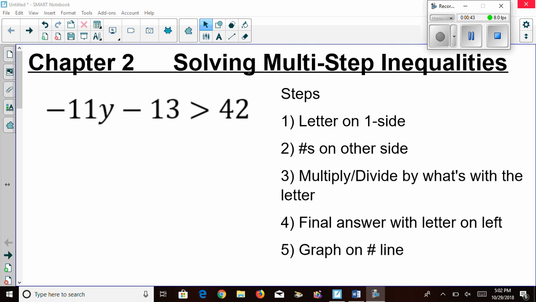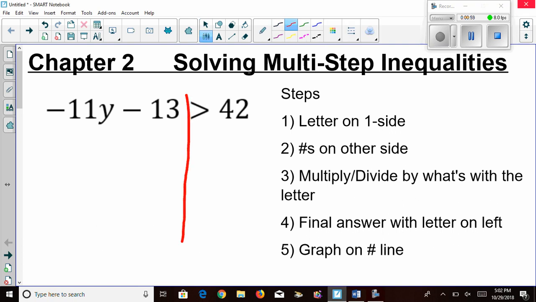Let's start by jumping in and solving our first example. Negative 11y minus 13 is greater than 42. Well, to start, like any other two-step, I should work on getting the letter by itself and all the other numbers on to the other side.